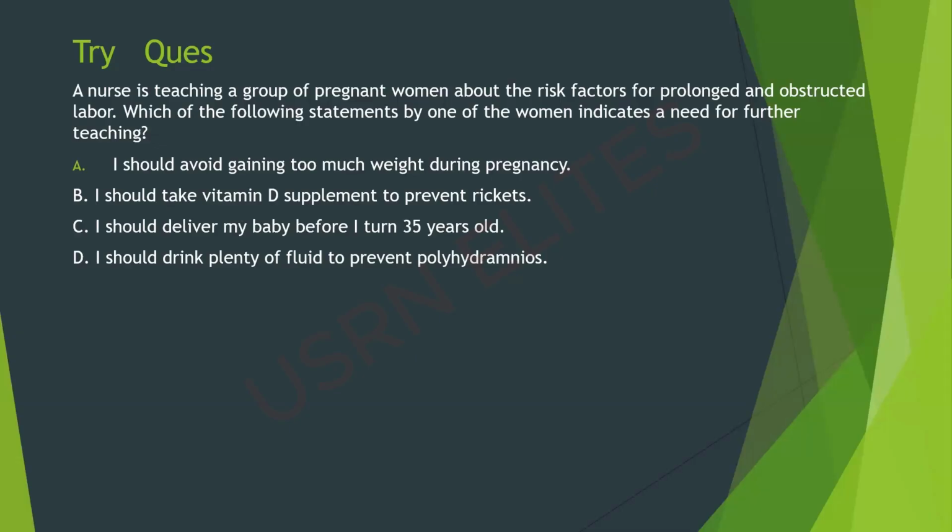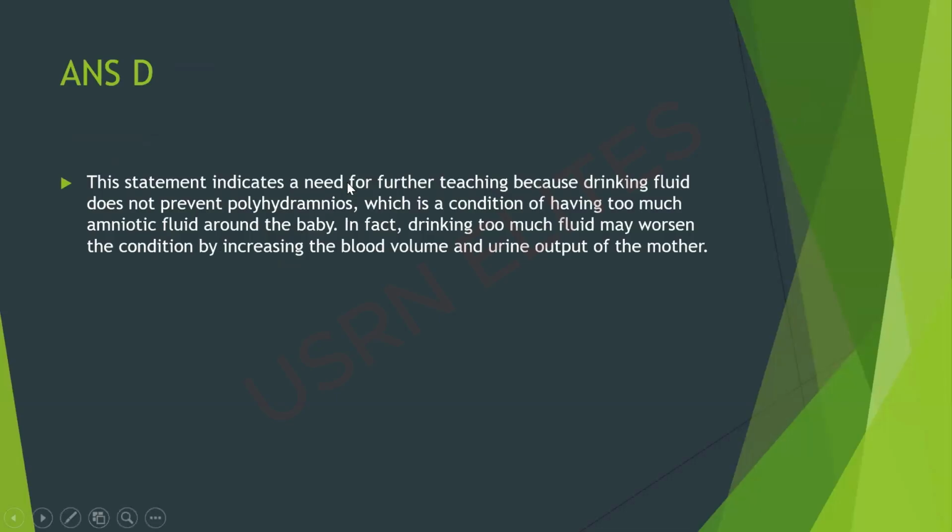So we are looking at the one that will not cause prolonged and obstructed labor. So understand the question, know the qualifying or modifying words, and know what to choose. If it needs further teaching, it means that it's not going to cause prolonged and obstructed labor. As simple as ABCD.